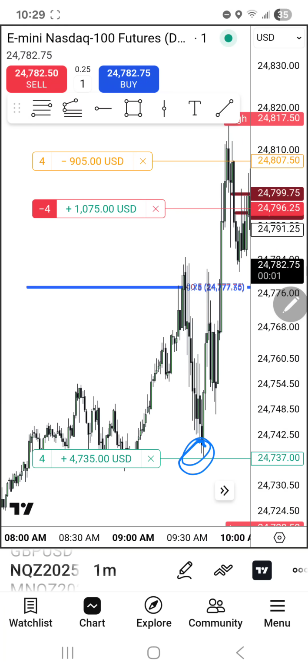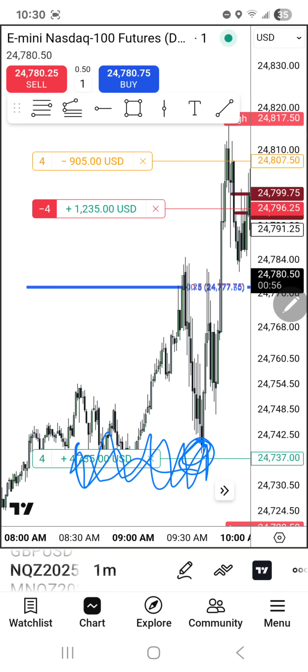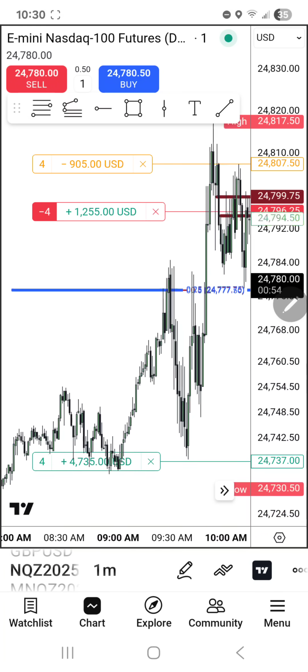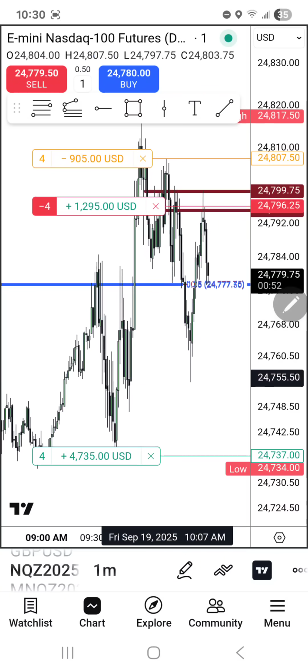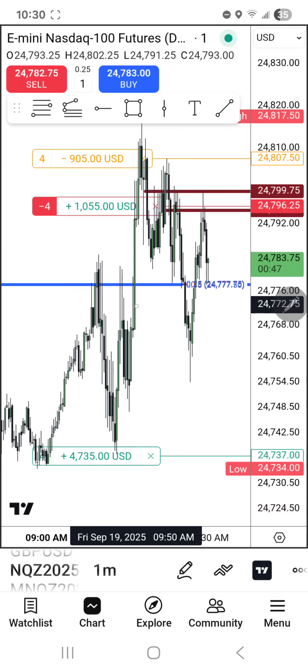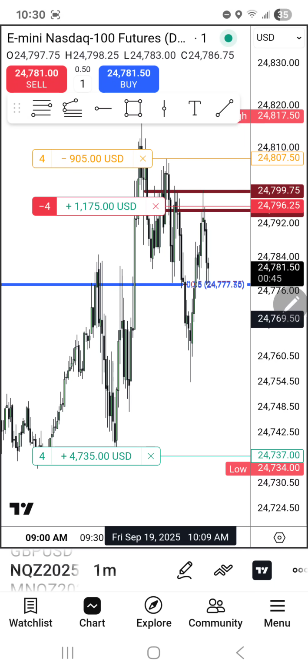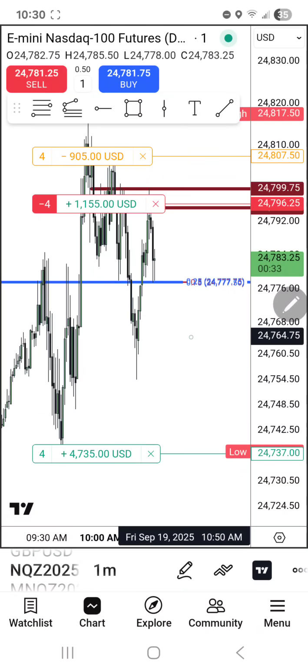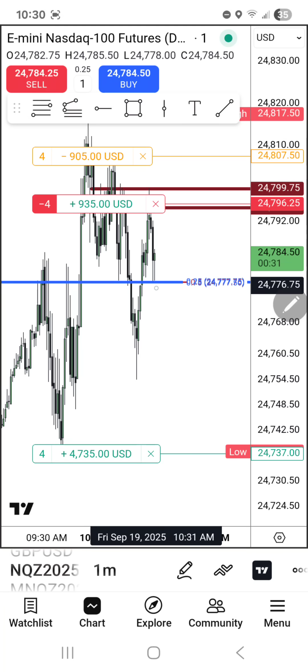Okay, so lots of sell side below here. Didn't quite get below the quadrant level yet, so I'm going to keep the stop where it's at for now.